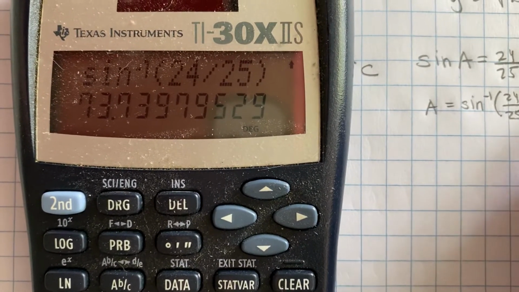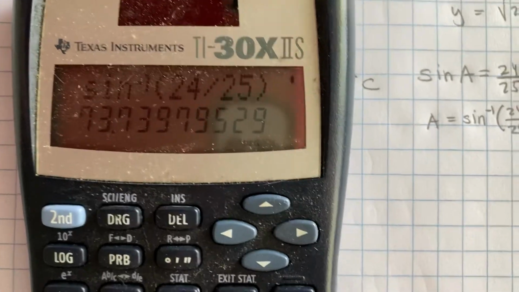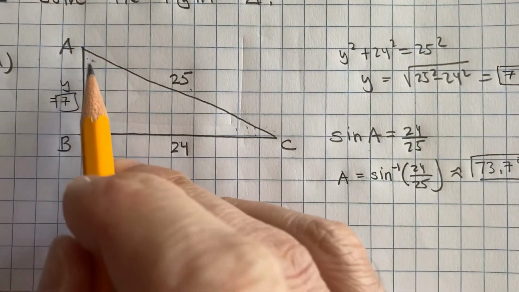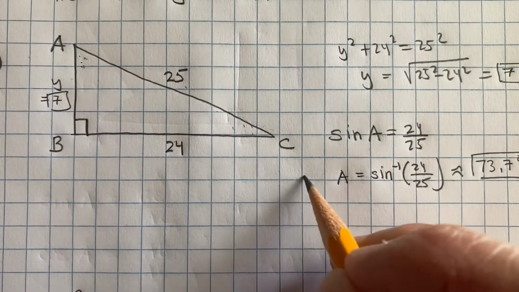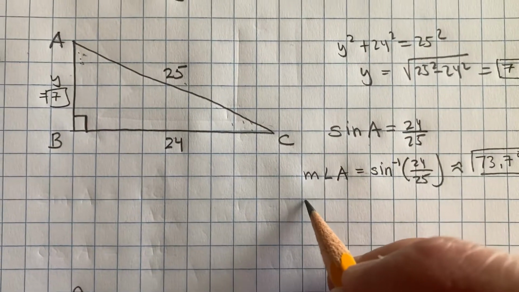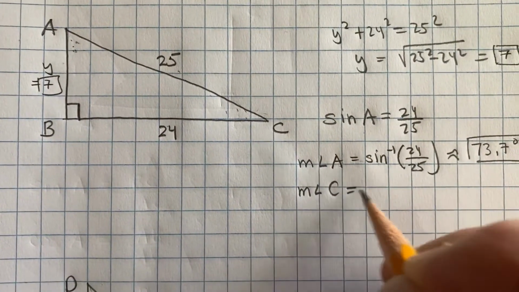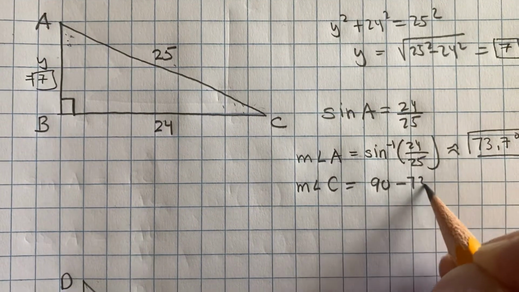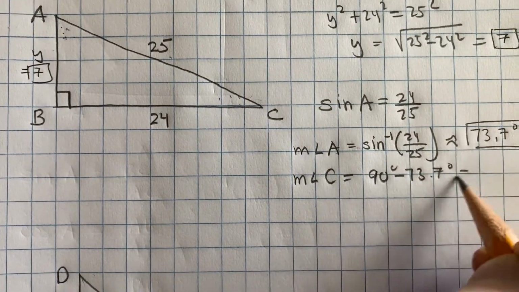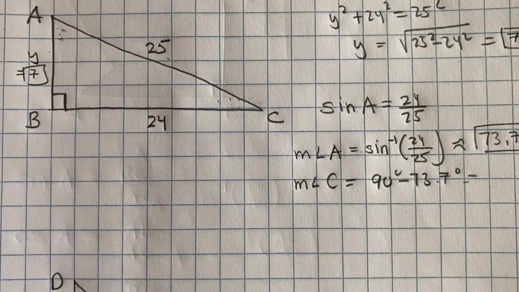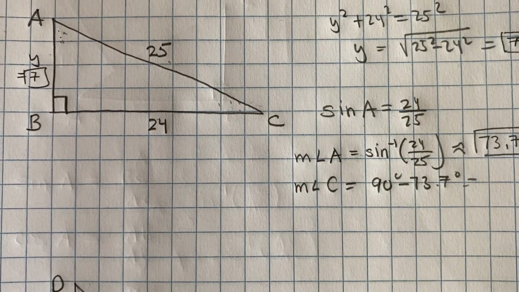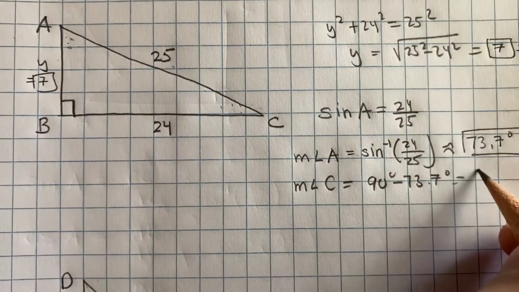I'm going to round to the nearest tenth of a degree. Once you have this angle right here, 73.7, that's the measurement of angle A. To figure out the measure of angle C, you could just do 90 minus 73.7 degrees, which is just 16.3 degrees.